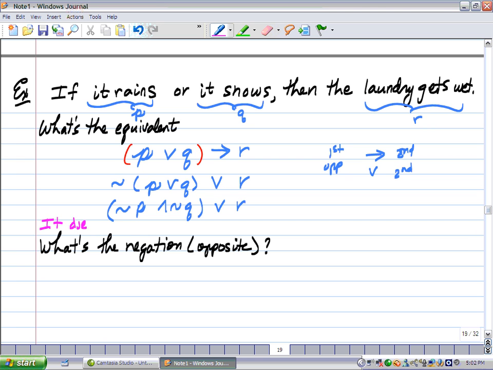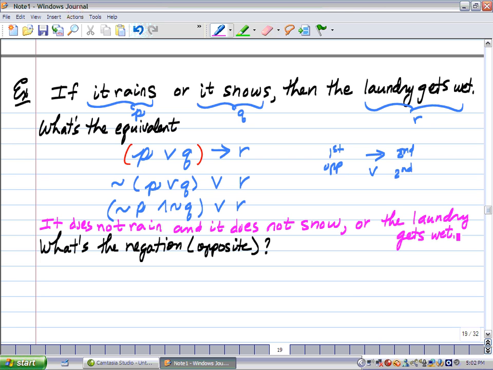It does not rain and it does not snow. Remember, the parentheses indicate a comma, or the laundry gets wet. So that's the same statement.